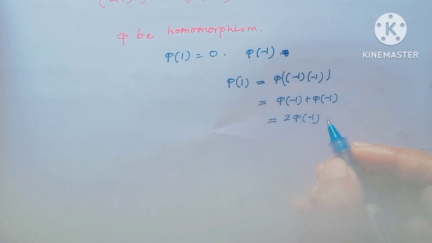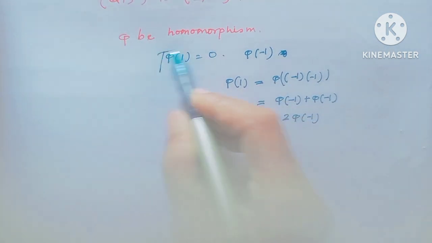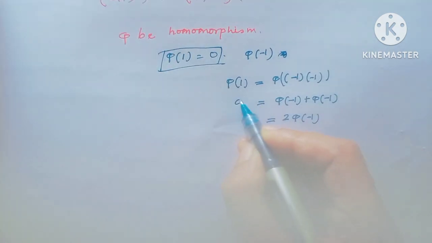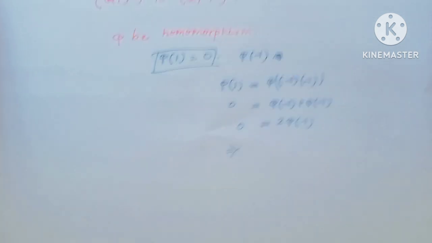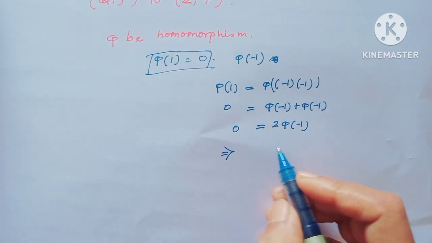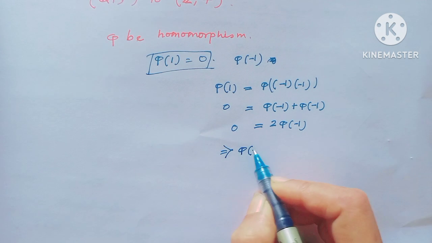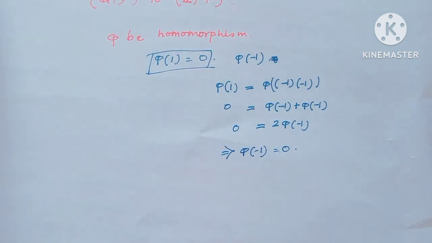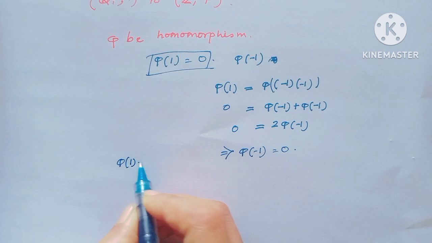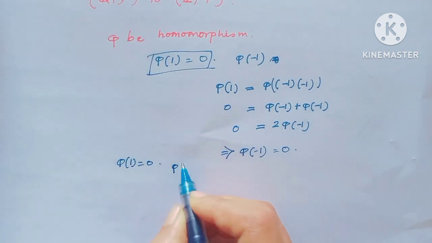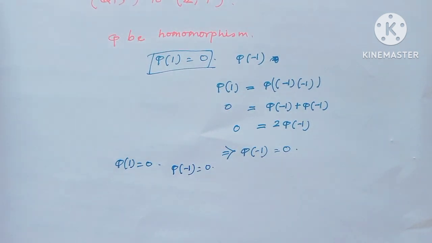And notice here I have got phi of 1 equal to 0. So that implies phi of minus 1 equal to 0. Therefore, the homomorphism looks like phi of 1 equal to 0 and phi of minus 1 equal to 0.